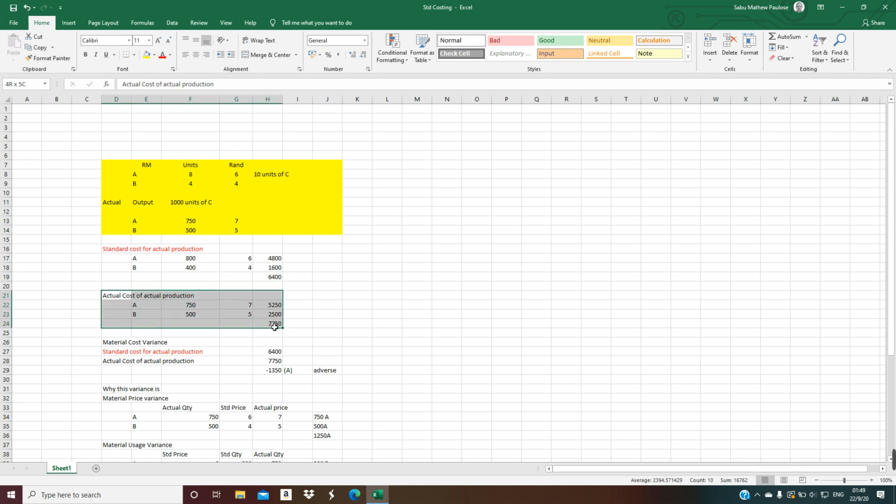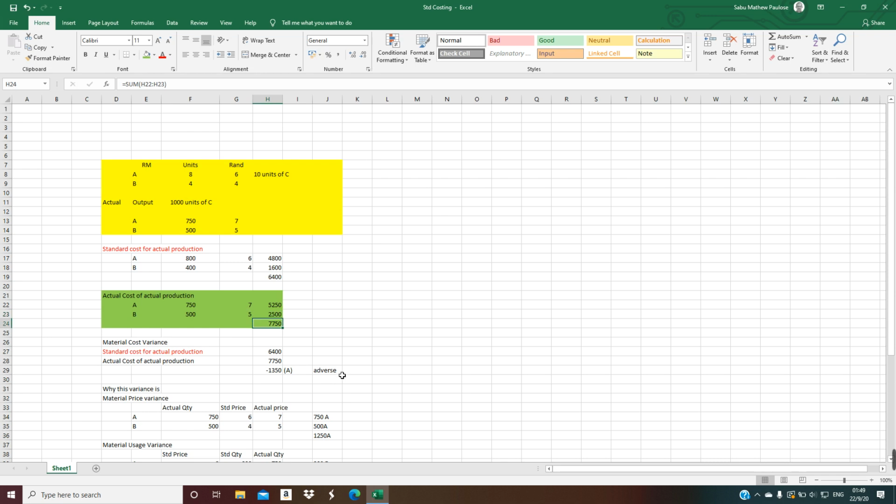Then the actual cost of actual production is given in the question. So A is 750 into 7, B is 500 into 5, which is 2500, and the actual cost is 7750. Without studying any formula, we understand that the actual cost is much higher than the standard.